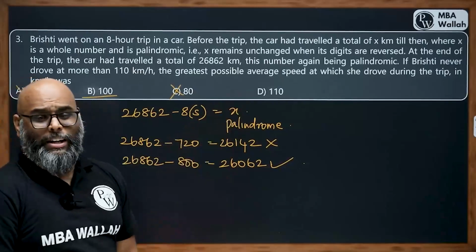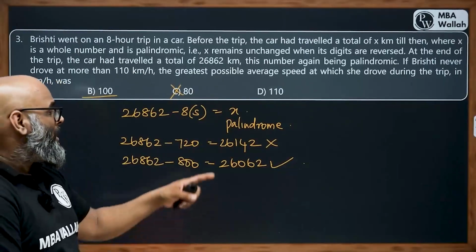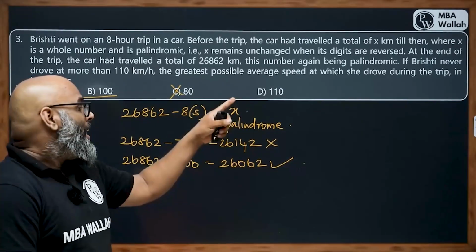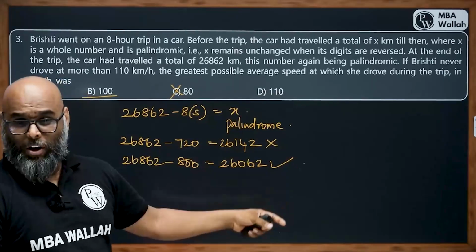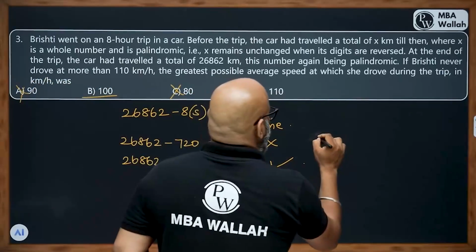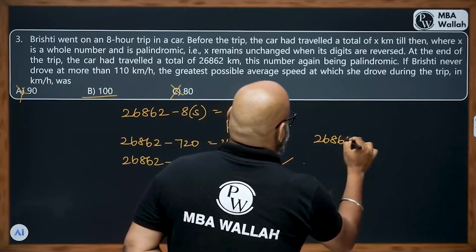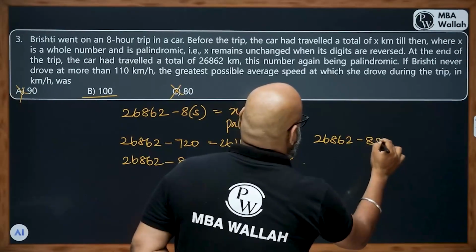I have to check for D because that's 110. There's a possibility that this could also satisfy. If this satisfies, this will be our answer. So you need to check for that. So let's do that. 26862 minus 880.